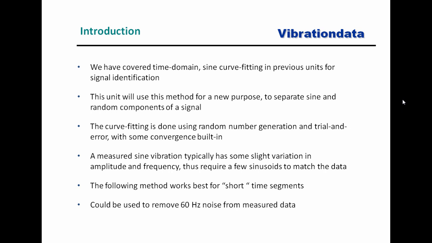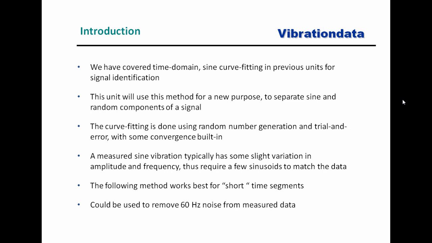And one of the things that I've realized is that if we have measured data that is sinusoidal or maybe sine on random, those sinusoids do not have an absolutely constant frequency, neither do they have an absolutely constant amplitude.